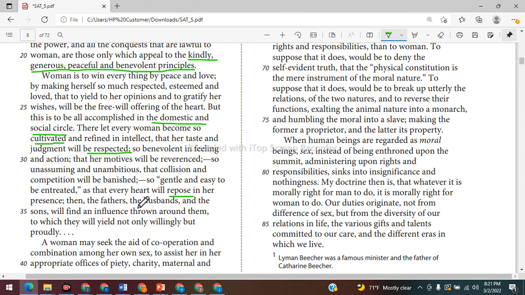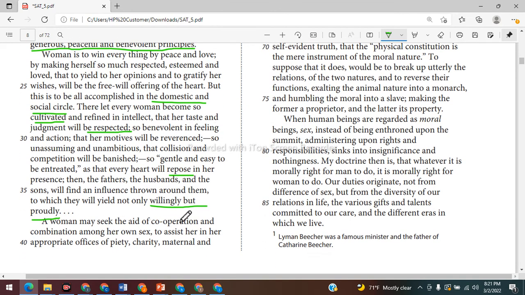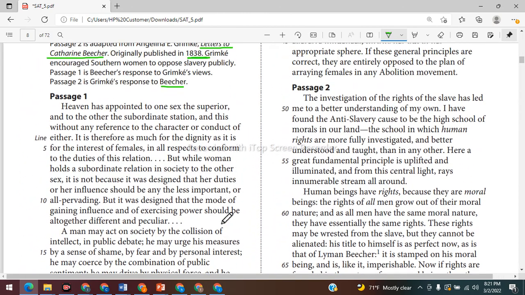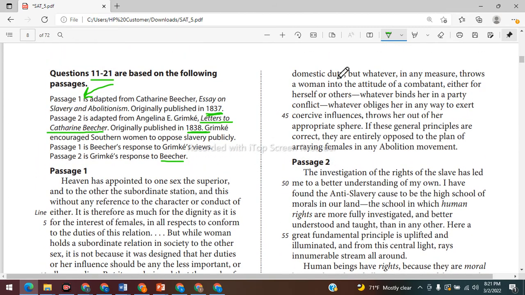Then the fathers, the husbands, and the sons will find an influence thrown around them, to which they will yield not only willingly, but proudly. A woman may seek the aid of cooperation and combination among her own sex to assist her in her appropriate offices of piety, charity, maternal, and domestic duty.